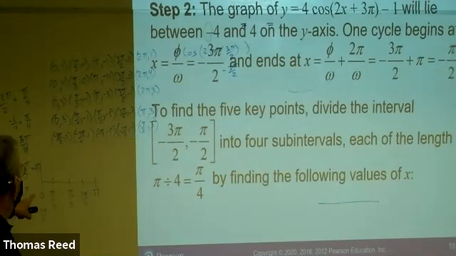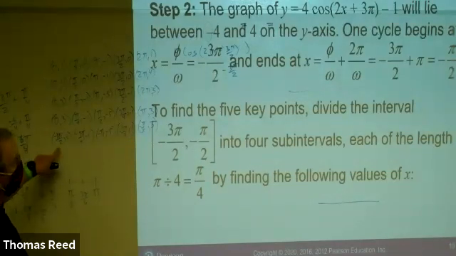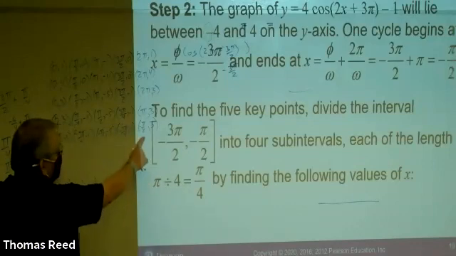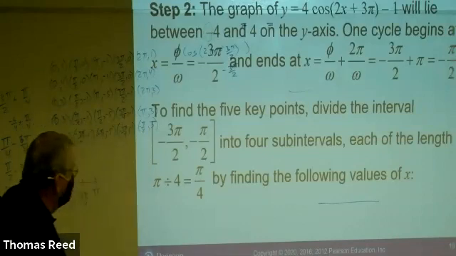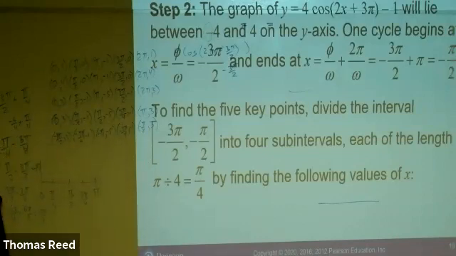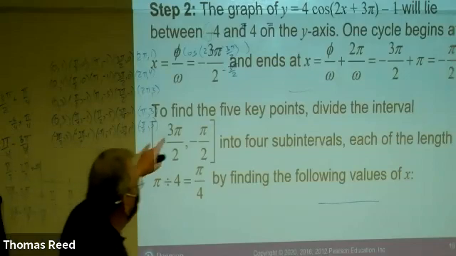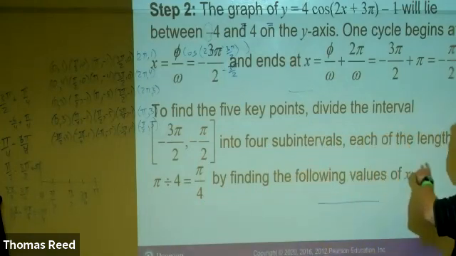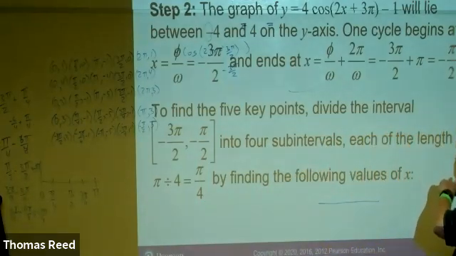And they found out where it began and where it ended, and then divided that interval into 4 subintervals.